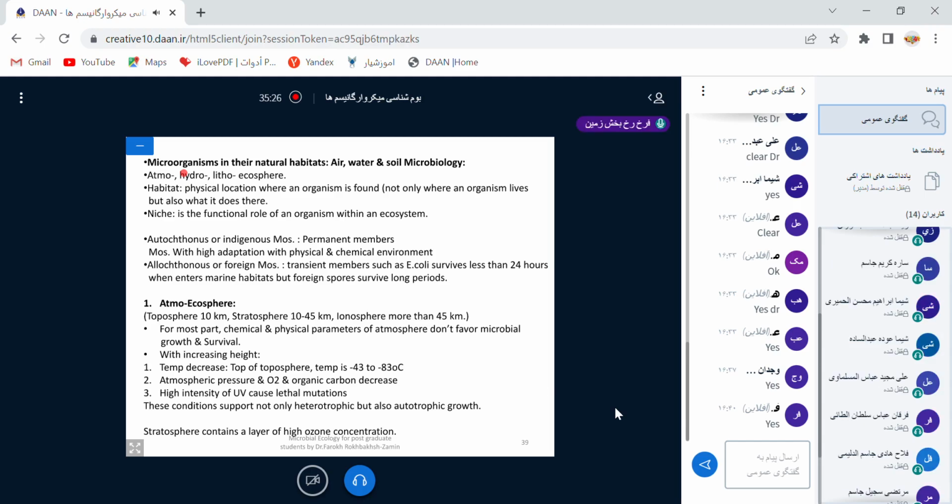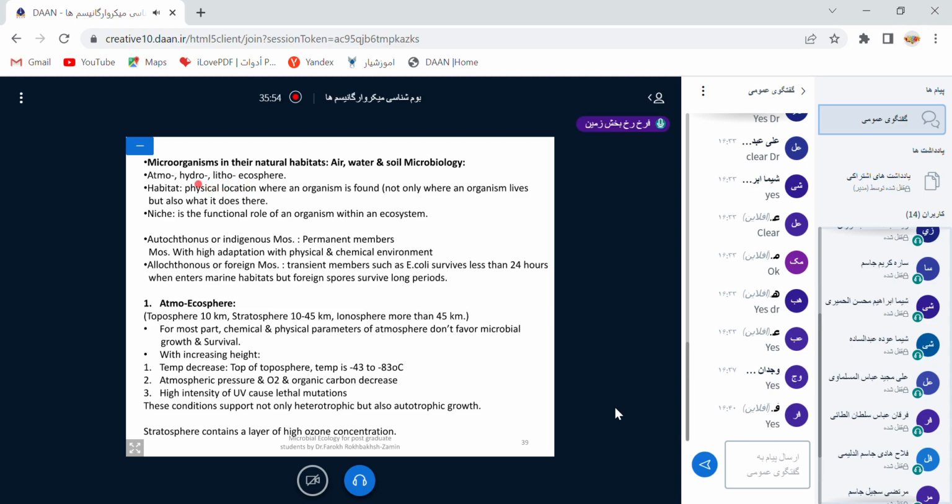When we talk, we have the atmosphere, lithosphere, and hydrosphere. But when we are talking about the space containing microbes, if we are talking about microbes of soil, we say lithoecosphere.